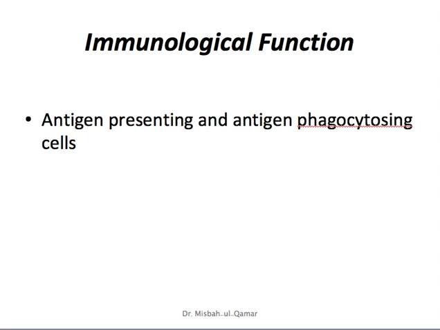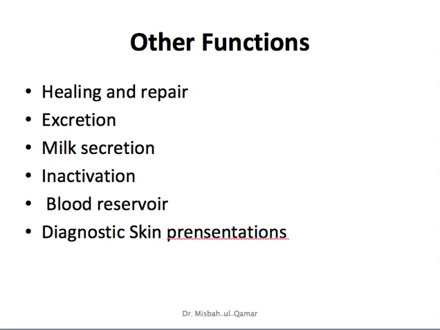Apart from all these functions, there are some other functions of skin. You see that epidermal cells, the keratinocytes, show the property of healing and repair. And many drugs and chemicals can be excreted through skin in the dilution of sweat.